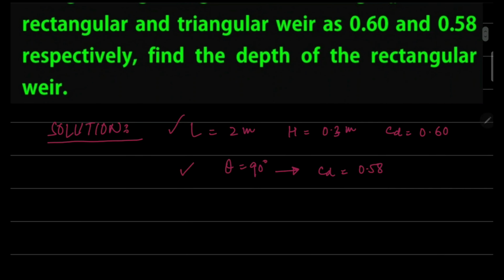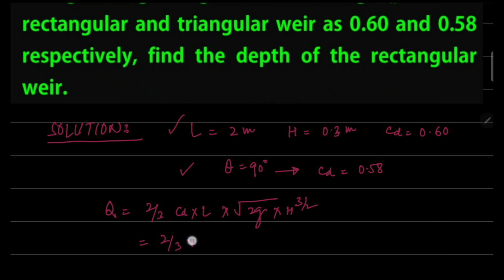We assume that the discharge over the rectangular weir is known to us, so based upon this we will figure out the value of Q. That is Q equals 2/3 CD multiplied by L multiplied by root 2g multiplied by h raised to the power 3/2.